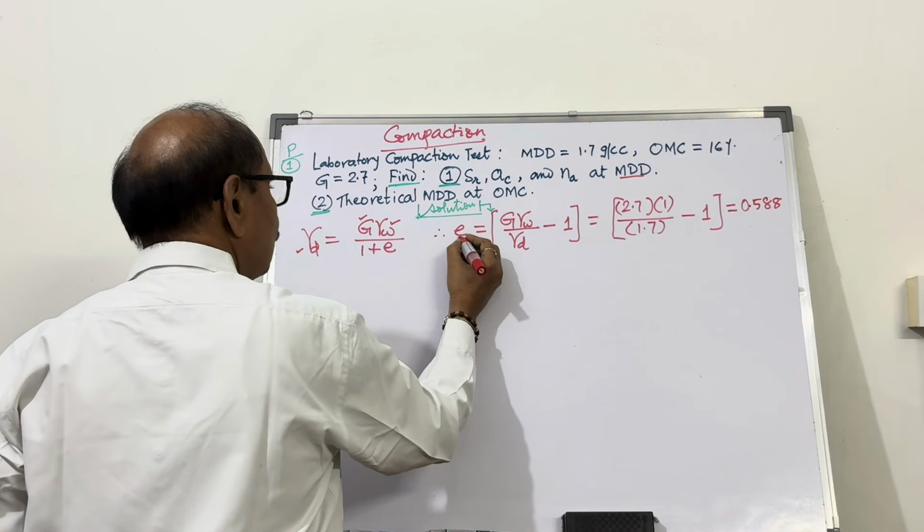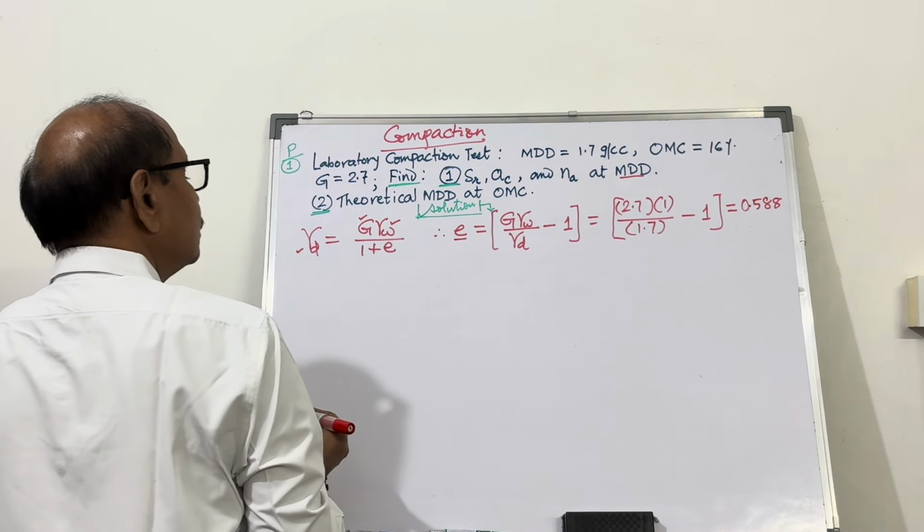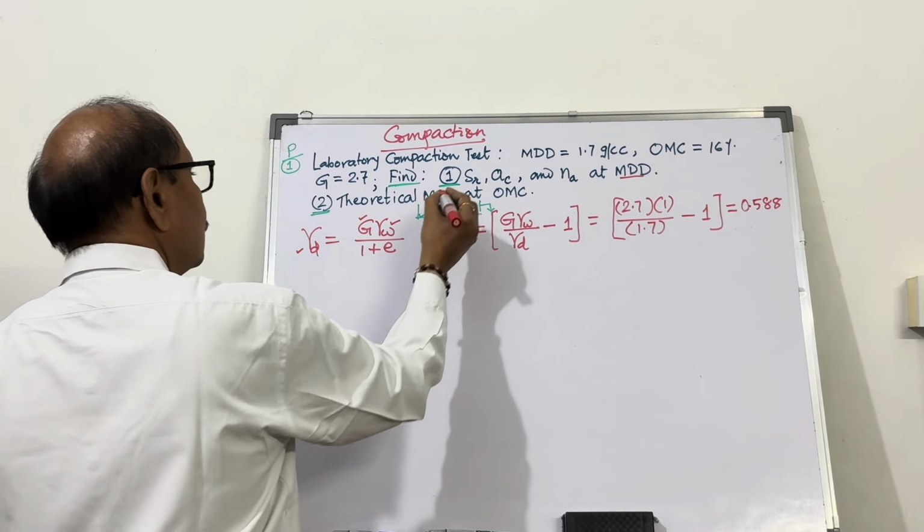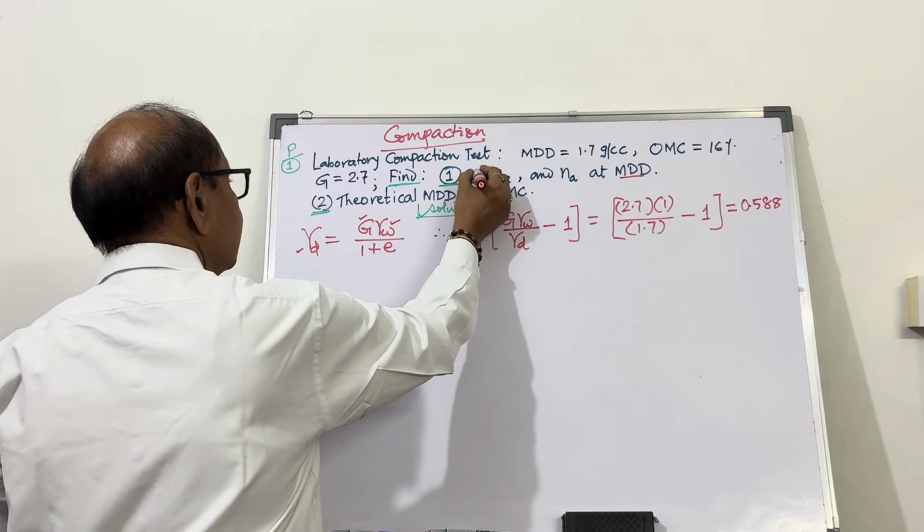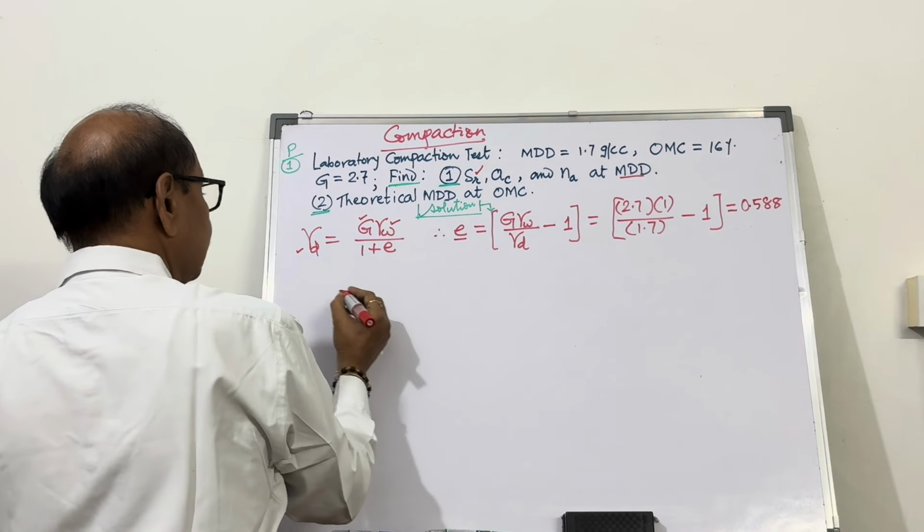Having got the value of void ratio, now you can use the relationship to find out the degree of saturation.